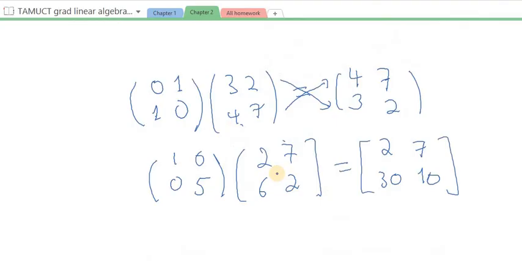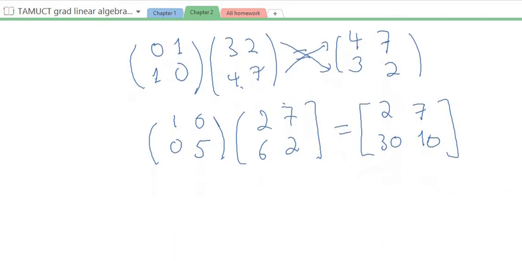Let's try another simple example. Suppose I want to replace the second row of a 2 by 2 with the second row minus 2 times the first row. So here's my matrix: 8, minus 2, 1, 4, like that. Well, the first row is unchanged.